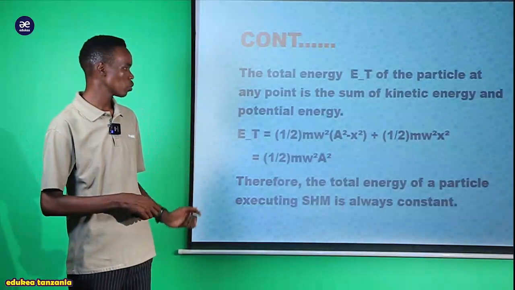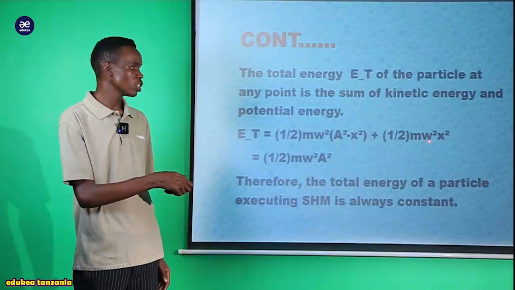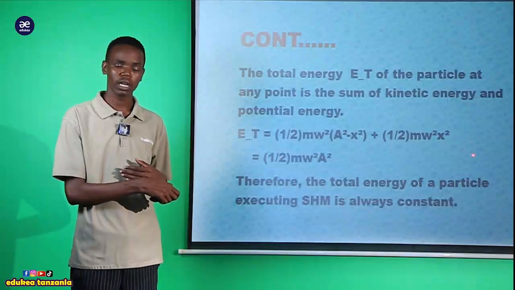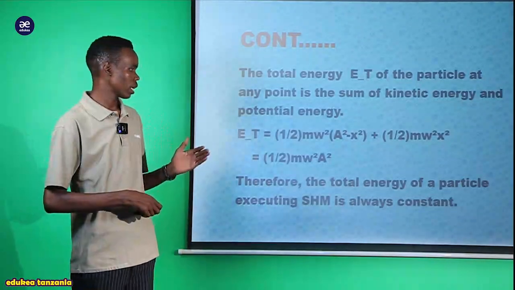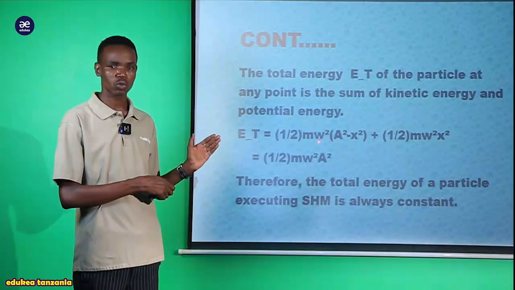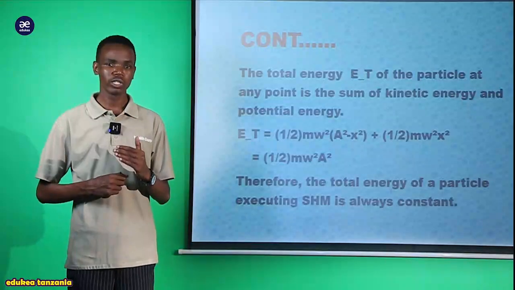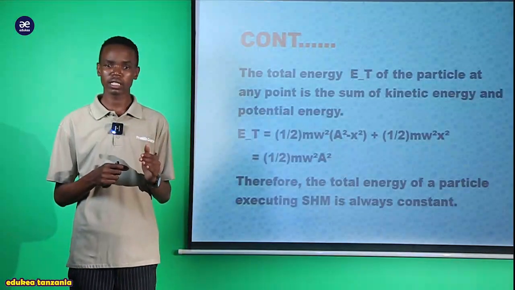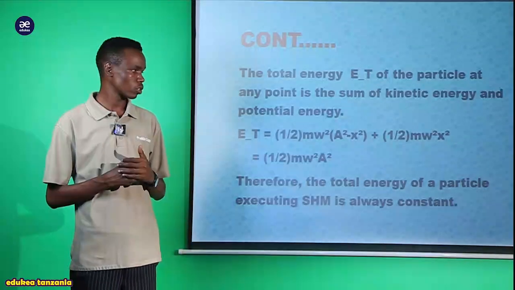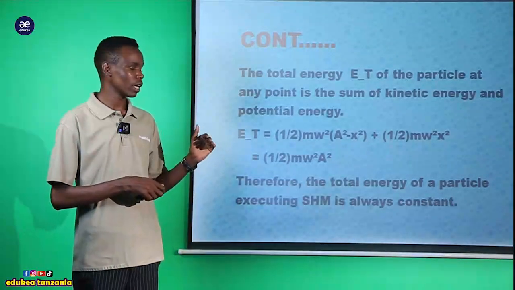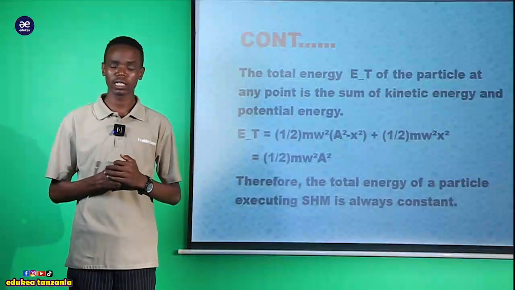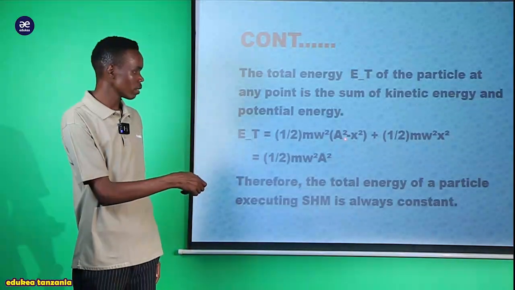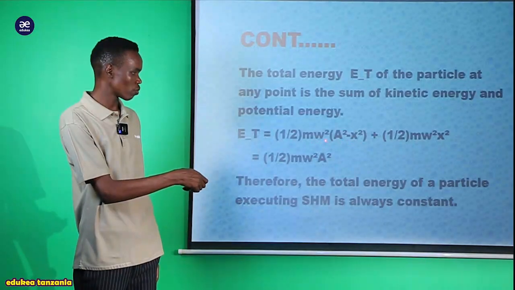The potential energy is equal to half m w square times the displacement square. But the kinetic energy, as we demonstrated in the last session, is equal to a half times the mass times the angular velocity square times the bracket, the amplitude square minus the displacement square.